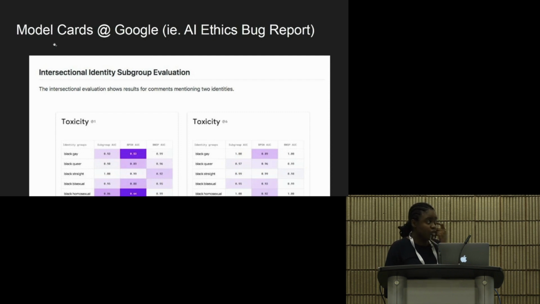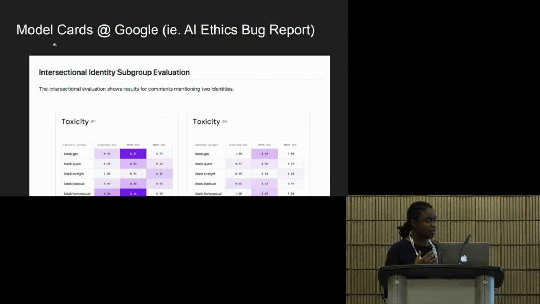The second thing we looked at is how do we report the bug? This is related to work at Google on model cards, which is looking at standardizing the documentation for reporting the performance of a model with regards to ethical considerations. If you want to train and deploy a model, what's the information that's necessary for other engineers and the audience to know in terms of how appropriate the model is?